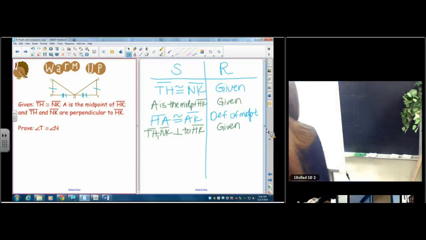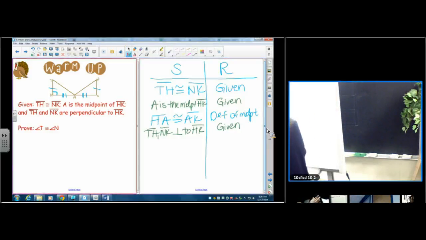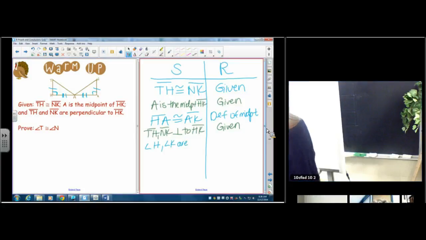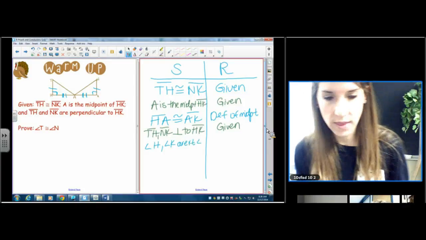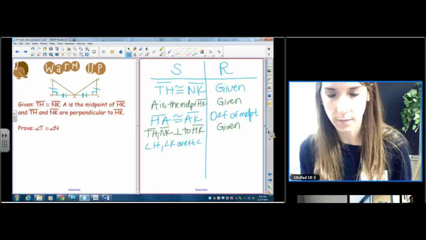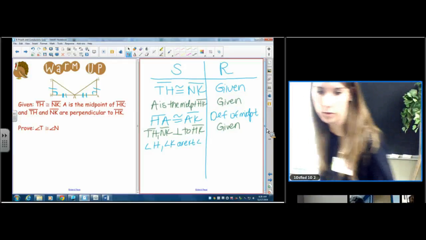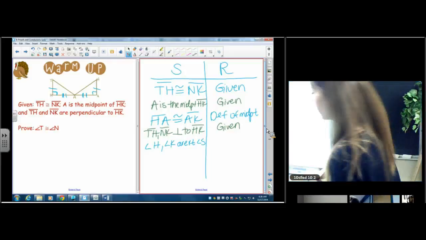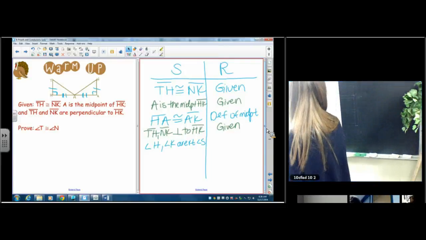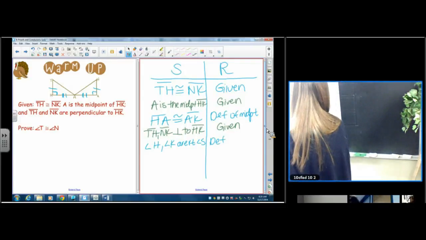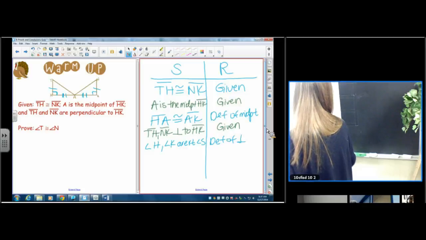So angle H and angle K are right angles. Quinn, why are they right angles? Very nice. The reason is definition of perpendicular lines.